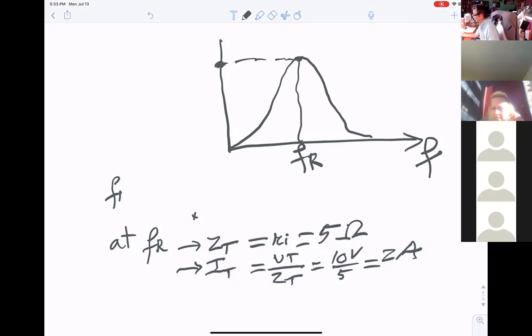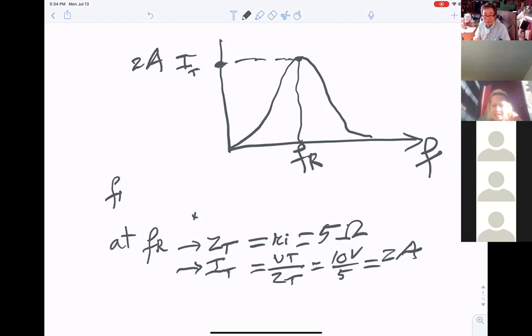That's your current, exactly. You have to know that it is I total. That tells you one thing: you get the maximum current only at the resonance.